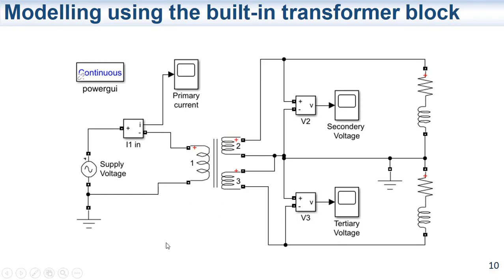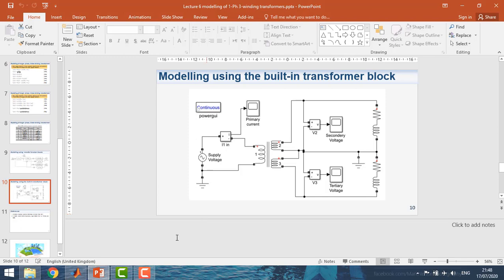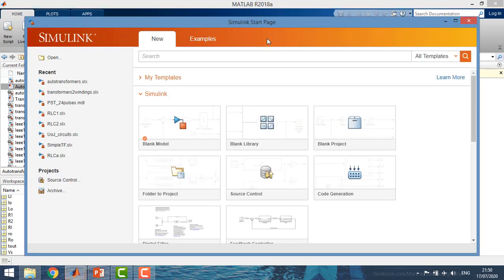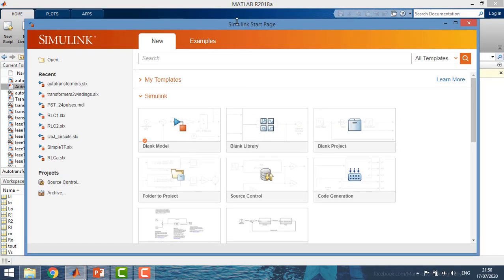Right, so I've already started MATLAB, and now we can open a new model by either writing Simulink in the command window or by clicking the Simulink icon.